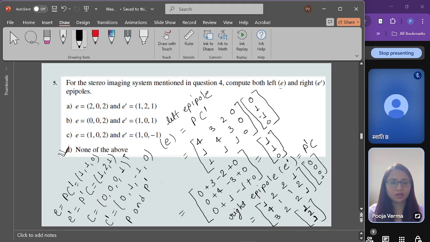So have you understood? These two questions are the related ones. From the first part, you have to calculate the camera centers for C and C dash, and then in the next question, you have to calculate the left and right epipoles. I hope you have understood.